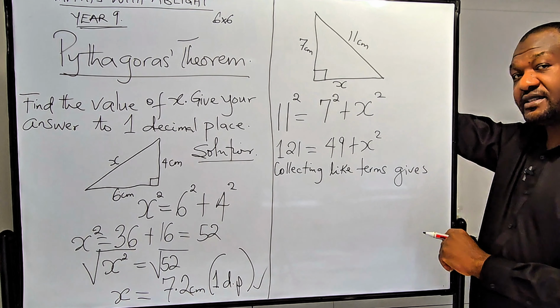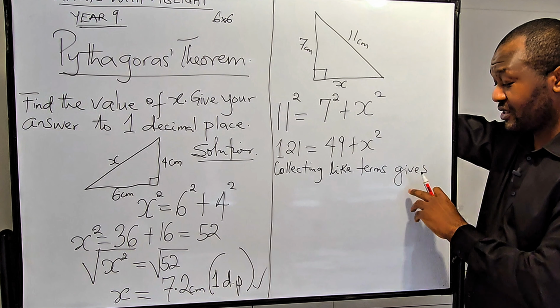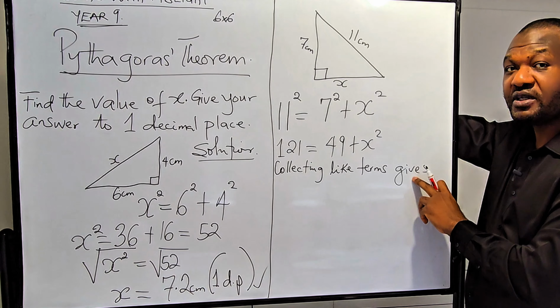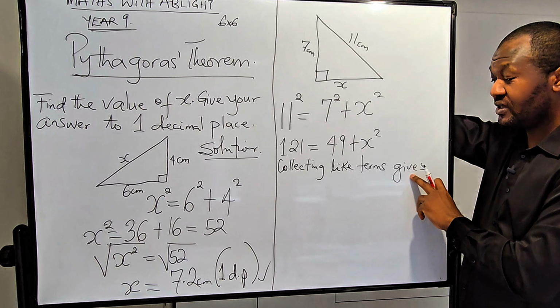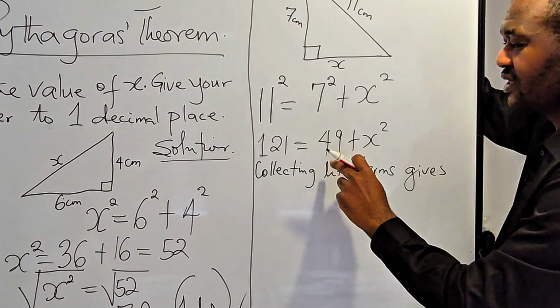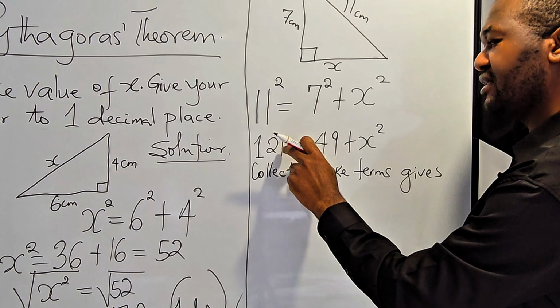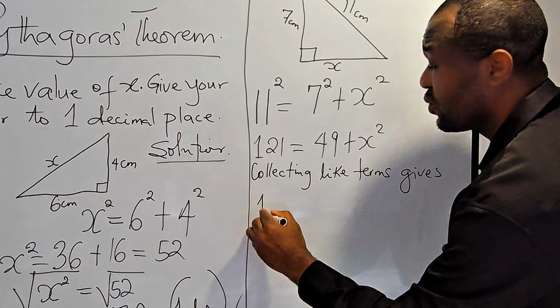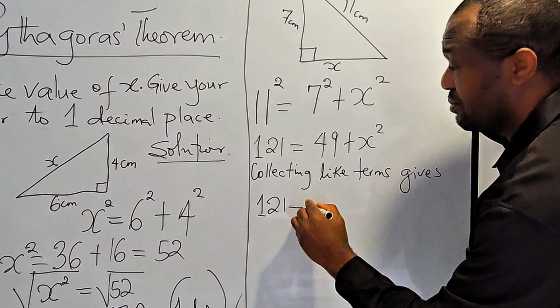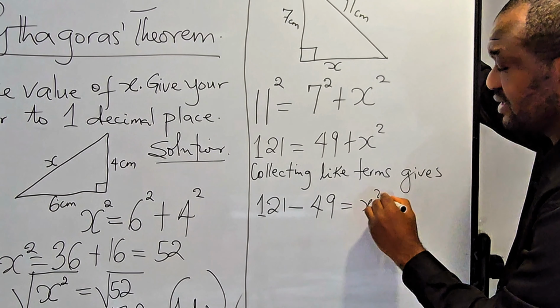Do not forget, those who have watched the previous video on mathematical language, this does not become gives when you are solving maths. You call it jives. Collecting like terms jives. So it means these and these are like terms. You cross to this side, and that means 121 minus 49 is equal to x squared.